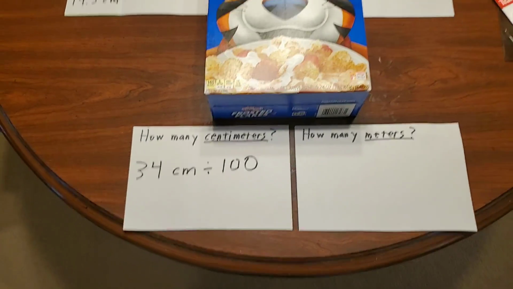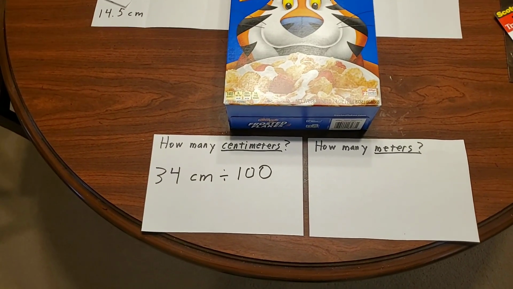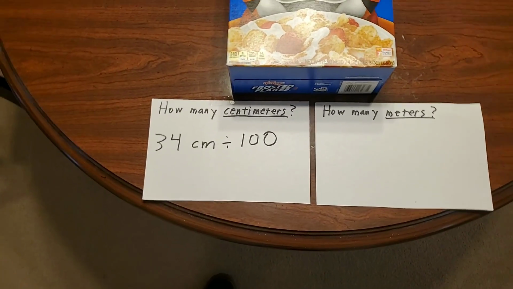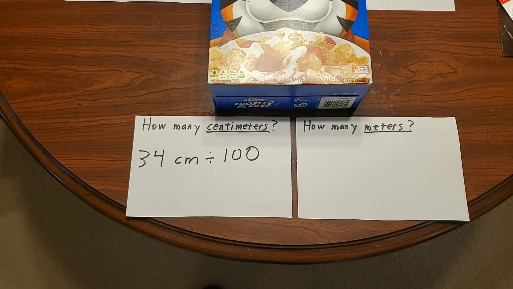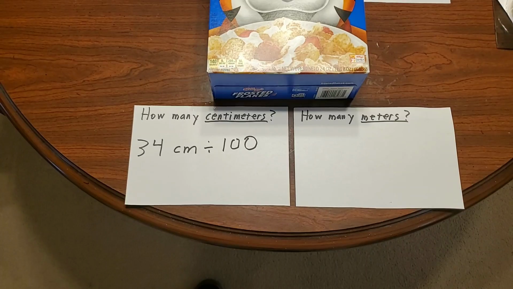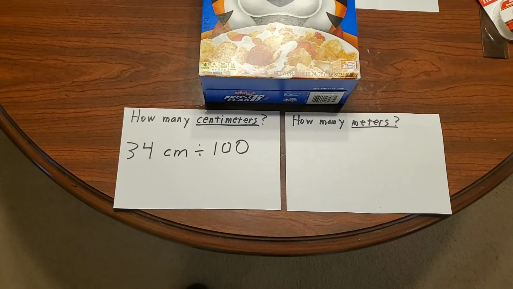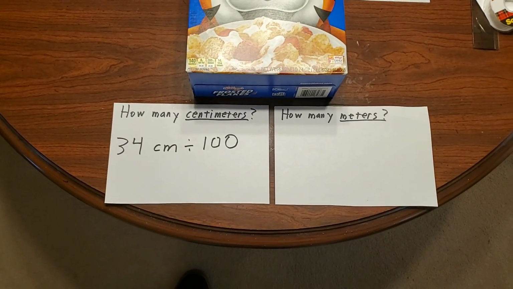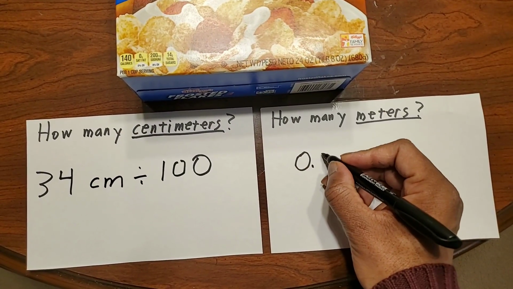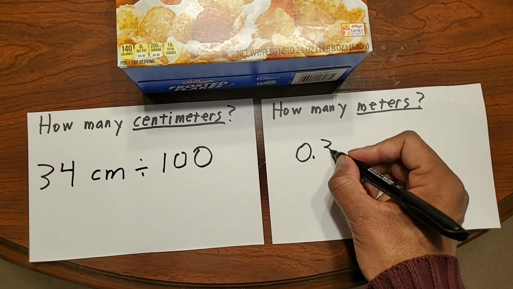So what is 34 divided by 100? Using your calculators, using your brain, or using the strategy that I showed you earlier with moving the decimal places, what is the answer? If you said that 34 centimeters divided by 100 is 0.34, you're right so far.